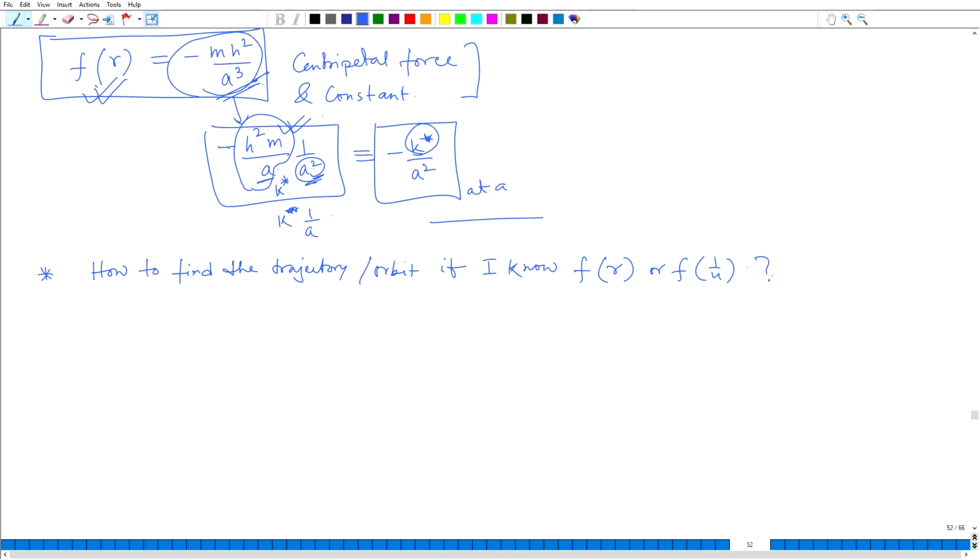So, let us consider this situation for a very well known case, that is, let us consider the case of the familiar inverse square law.